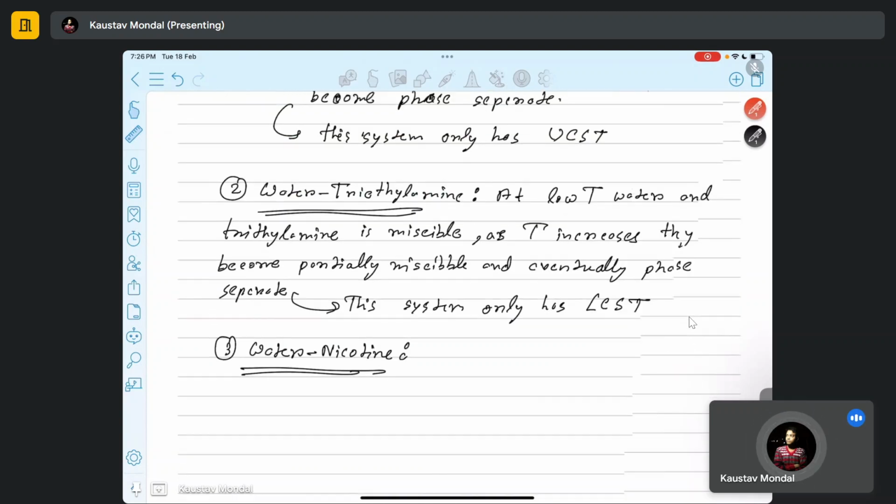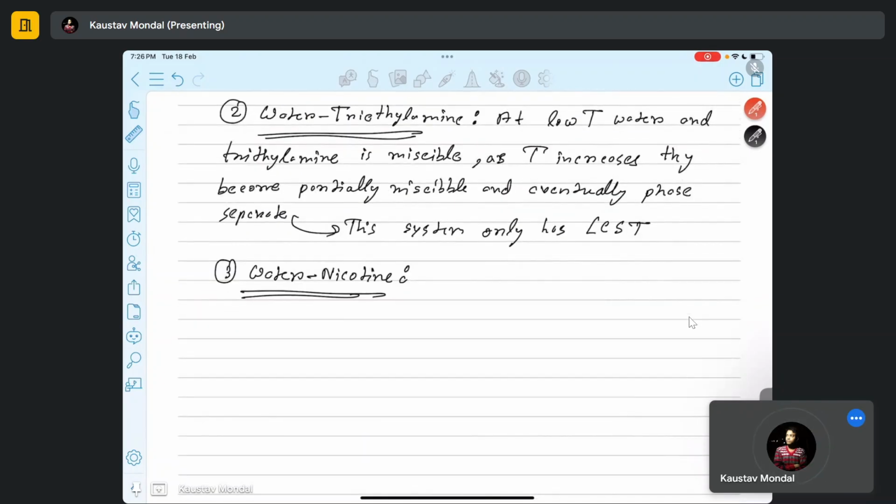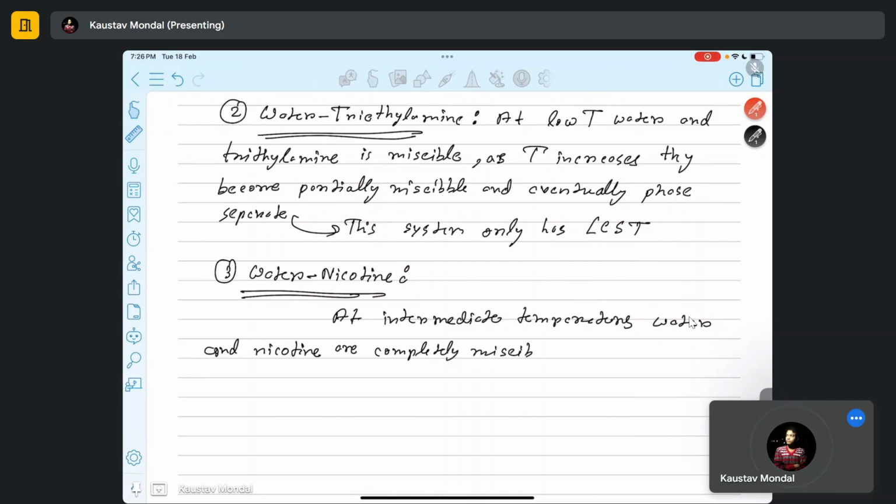So let me write this. At intermediate temperatures, water and nicotine are miscible.